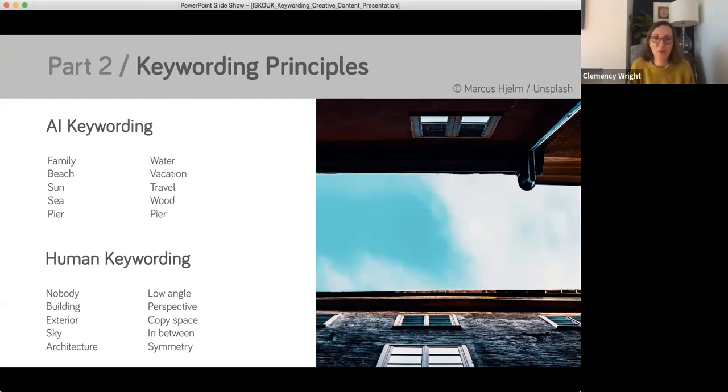So we've got a much better stab at getting these keywords correct than the machine, based on the fact that we can see not only what's visually relevant in the image, but we can go on and enhance that and make inferences based on our IQ that we have as human beings. So this is a note about AI, because although AI is being used quite heavily now in some of the stock libraries, it can often fail and struggle to understand the meaning and purpose of an image.